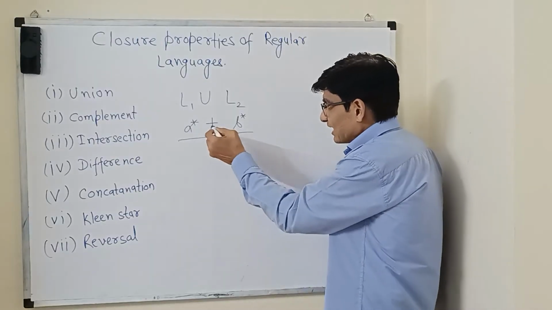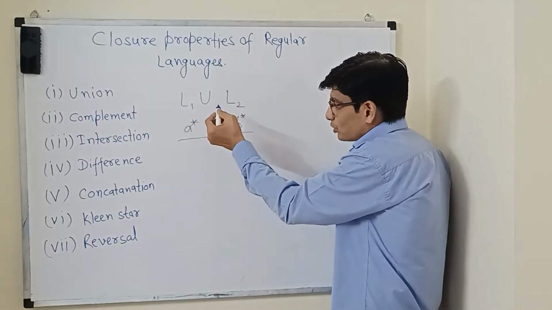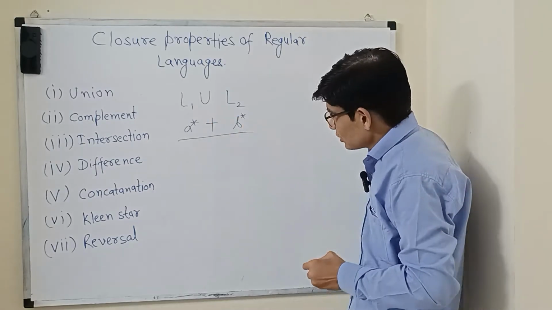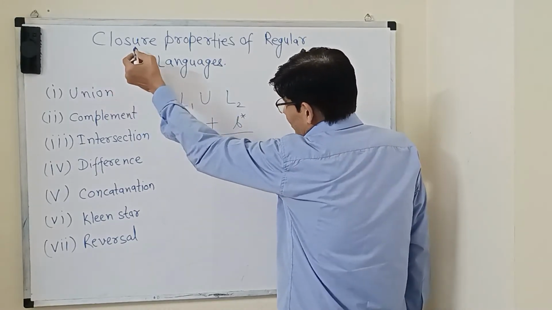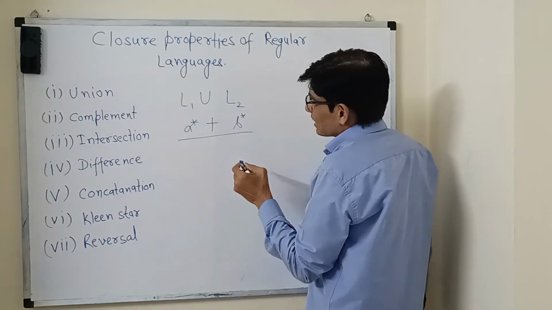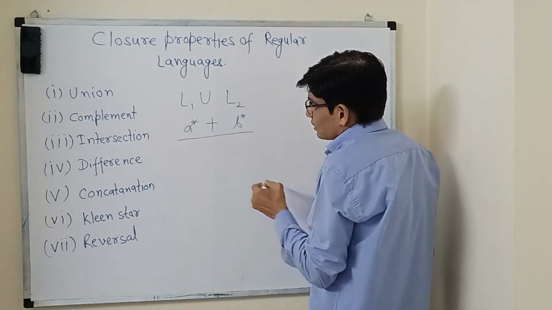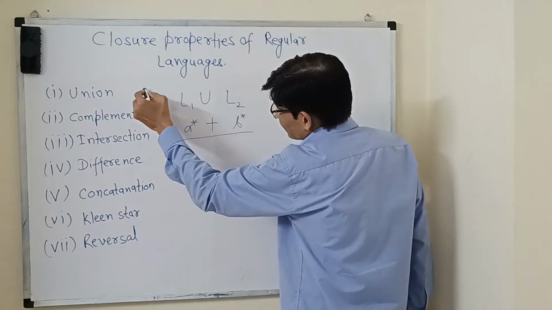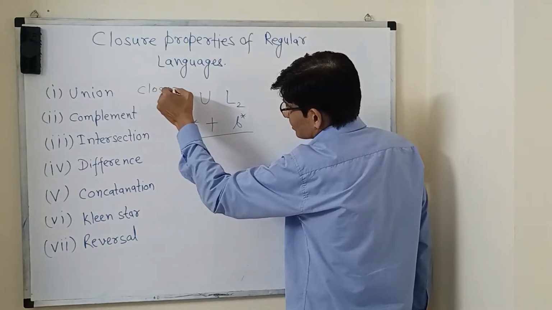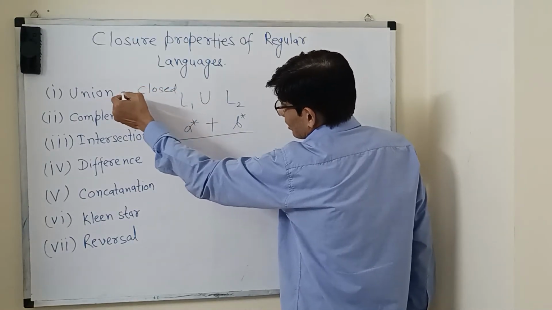So that means the union of two regular languages is again a regular language. So we can say regular languages are closed under union operation.